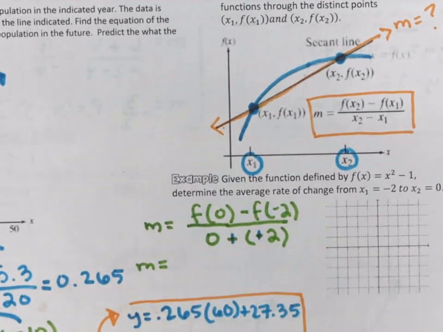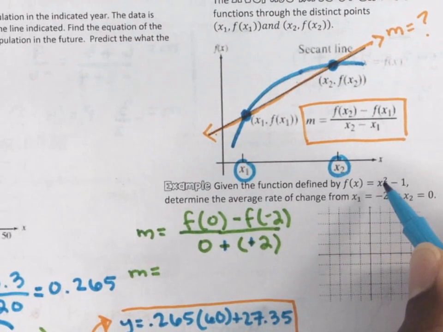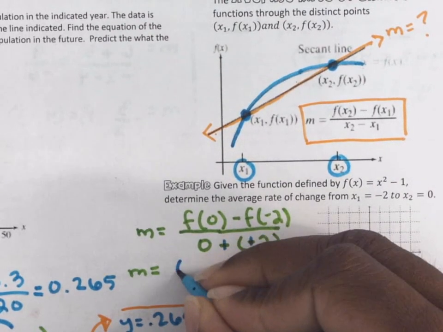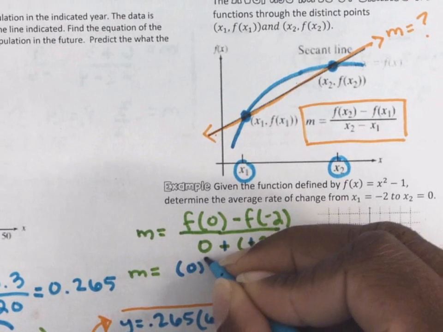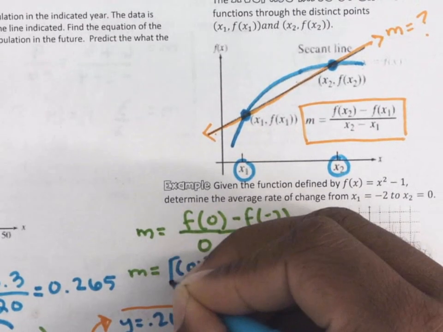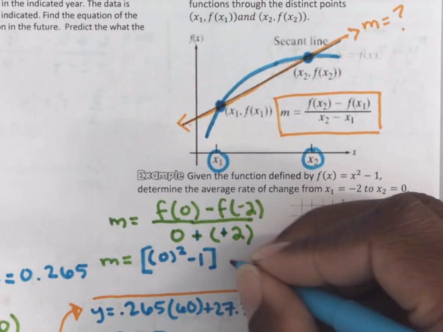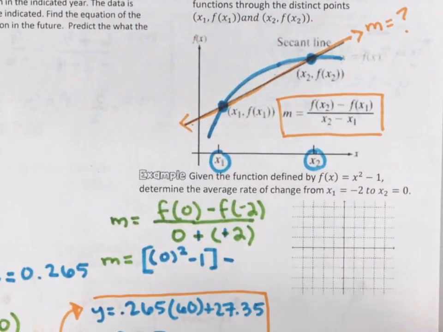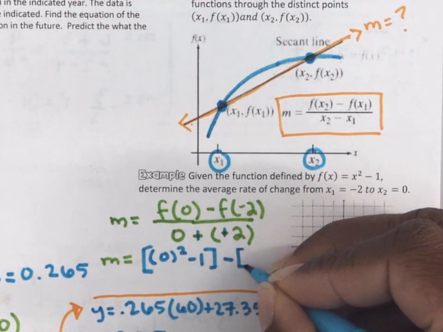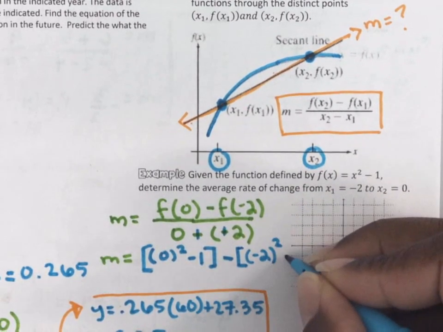Let's do f of 0. Just to be clear, I'm going to this function, and I'm going to put 0 in there. So I get 0 squared minus 1. That's f of 0 minus f of -2. -2 squared minus 1.